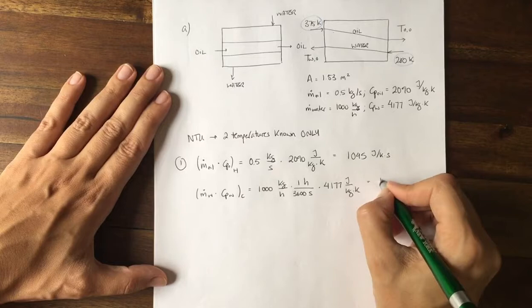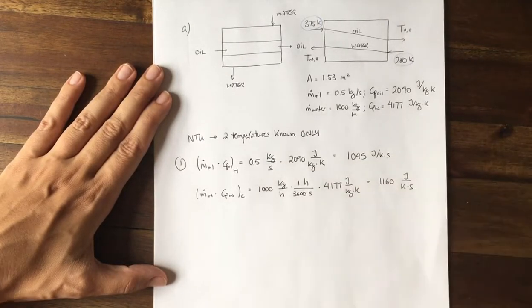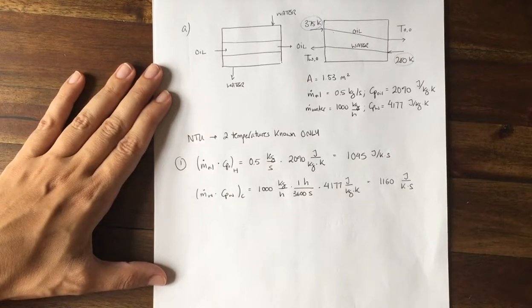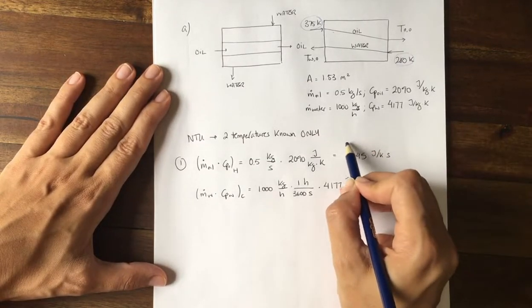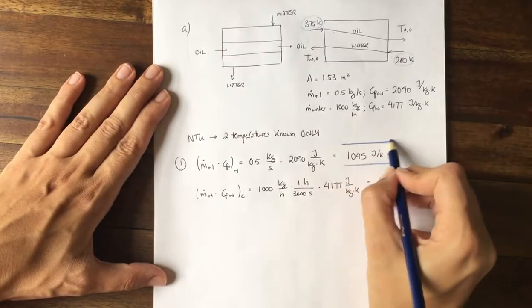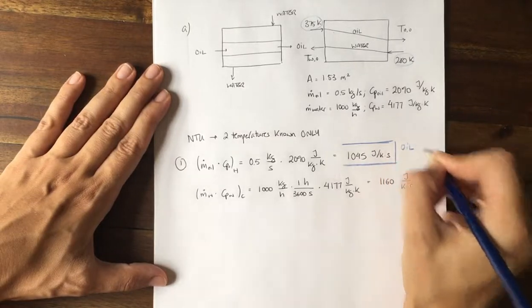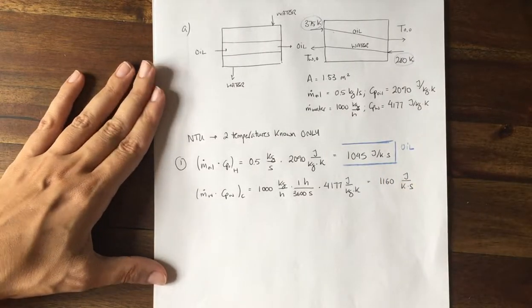This is equal to 1160 joule per Kelvin per second. So clearly the minimum capacity of the system is related to oil, the hot fluid in this case.